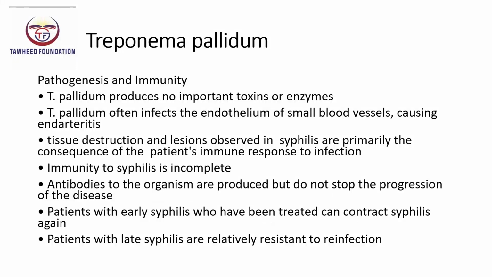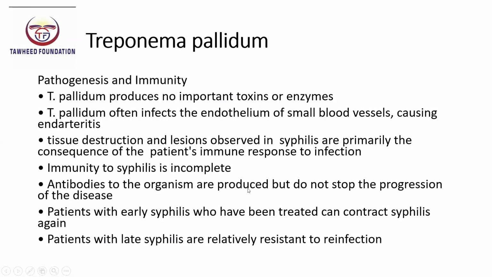Now, pathogenicity and immunity. Its pathogenicity is linked to its ability to infect the endothelium of small blood vessels, leading to endocarditis. The tissue damage and lesions we observe in syphilis are mainly due to the host immune response, not direct bacterial toxin.